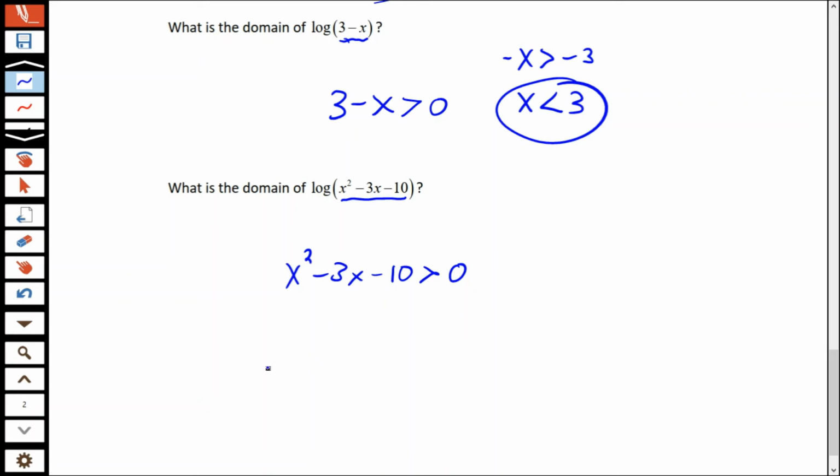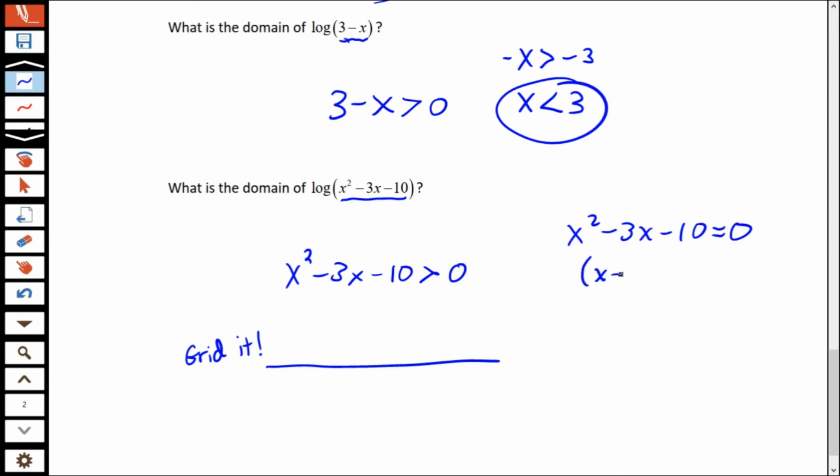We would tend to grid it on a number line. How do we grid it? Well, we take that x squared minus 3x minus 10, and because we're looking for where we're greater than 0, we're going to start by saying, okay, where does it equal 0? And it equals 0 at 5 and at negative 2.